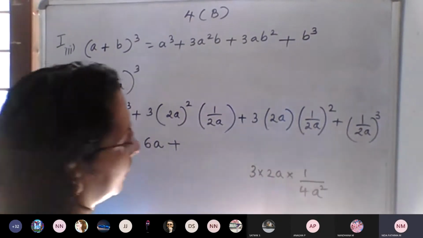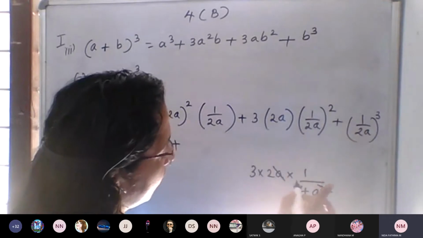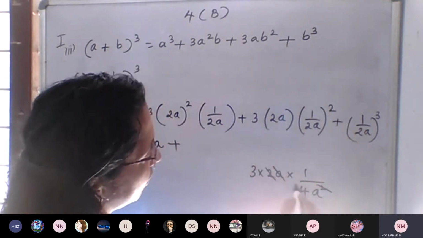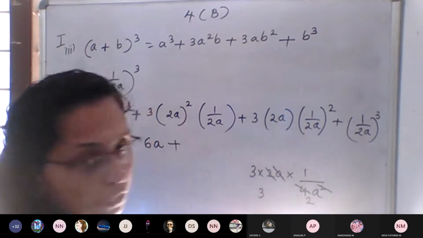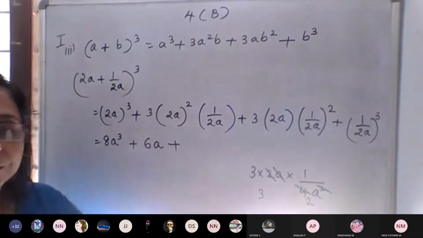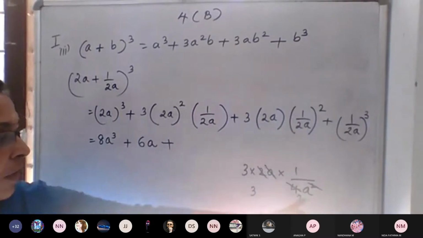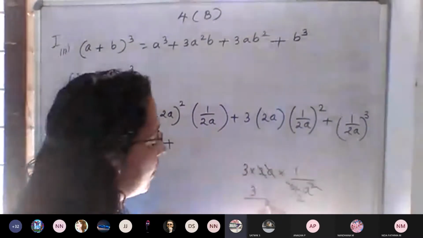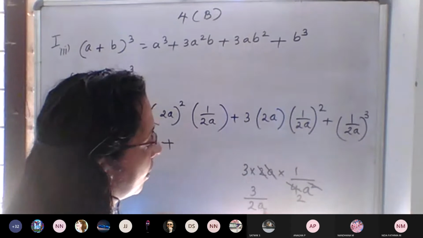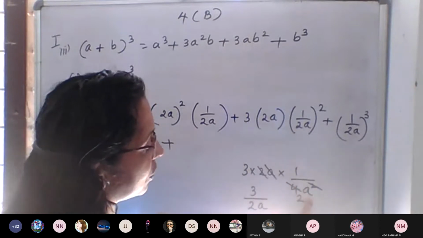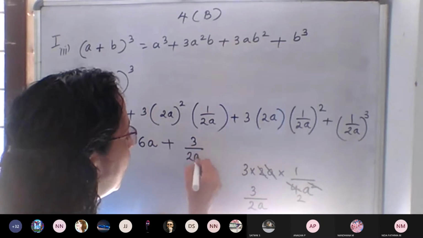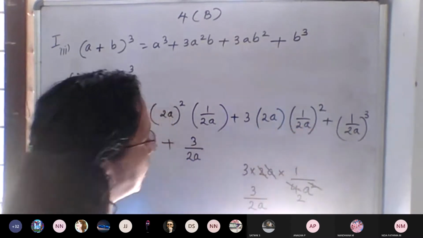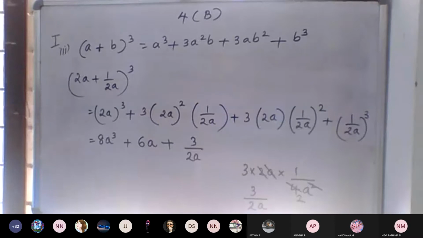Here a and a cancel, and in the denominator we can cancel. Then 2 and 4 cancel. Numerator 3, denominator 2a. So 3 divided by 2a. This whole term will become 3 divided by 2a. Write down.